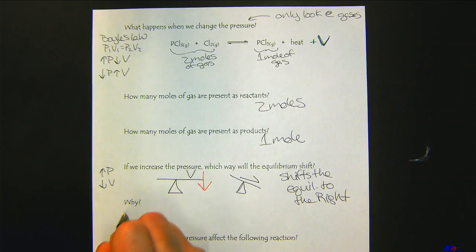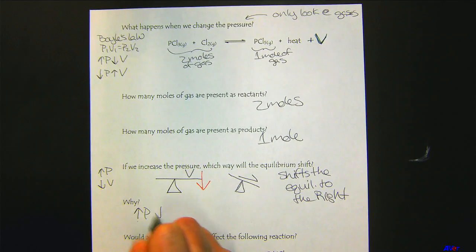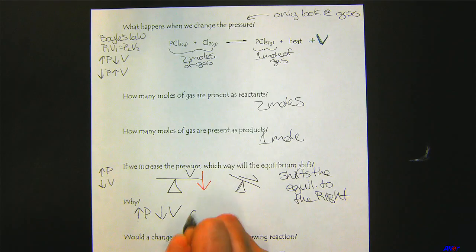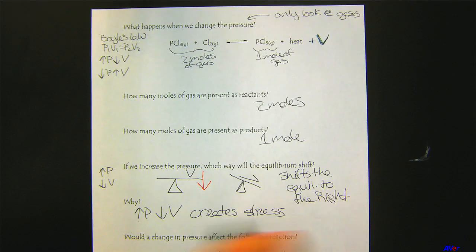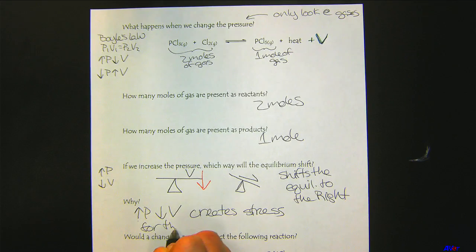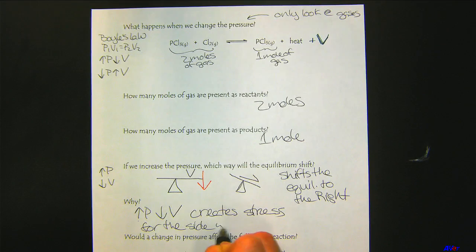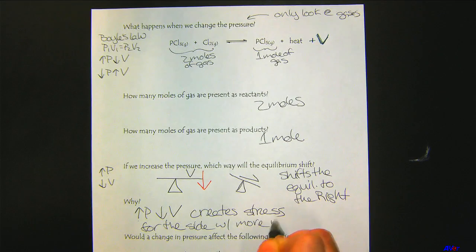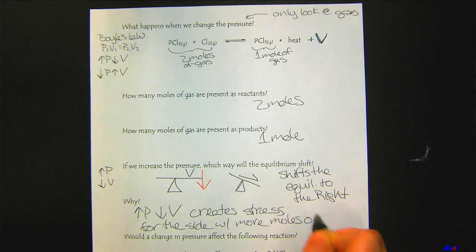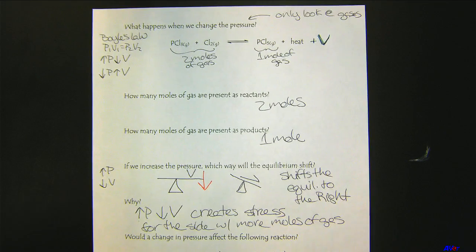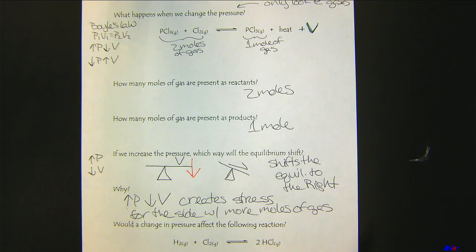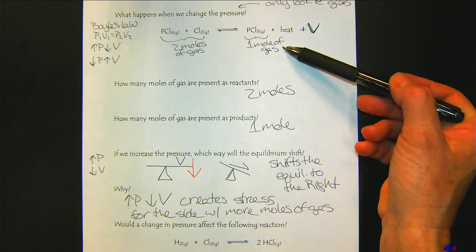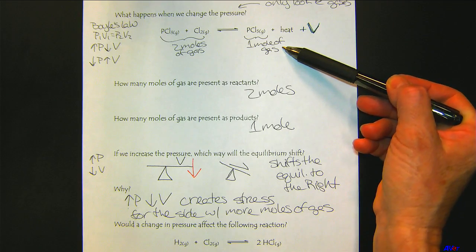As we increase the pressure, we decrease the volume, and that creates stress for the side with more moles of gas. From Le Chatelier, the reaction wants to relieve that stress. So it goes to where we don't need as much space. That's smaller volumes.